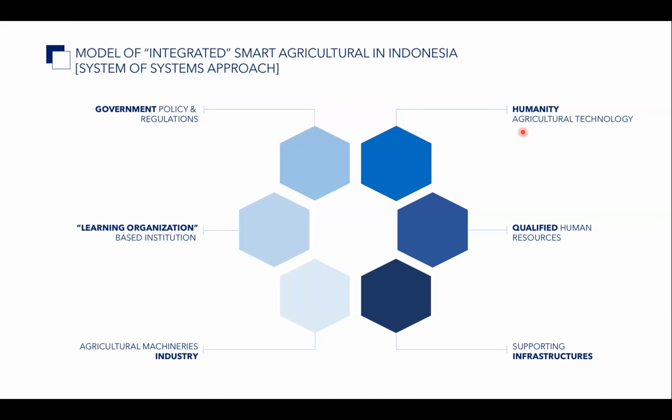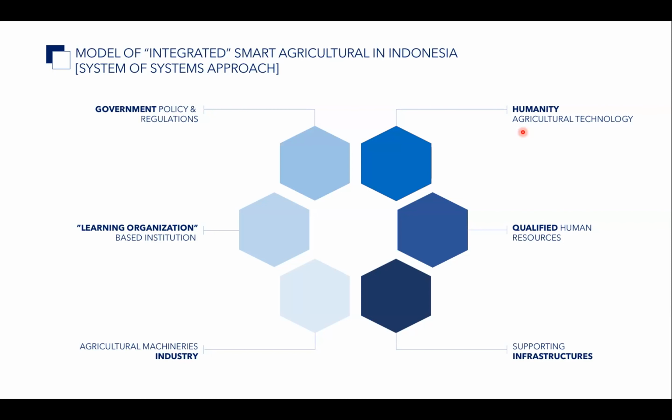The second is qualified human resources, of course farmers, and other stakeholders supporting infrastructure, industry, institutions, farmer institutions. We focus on learning organization based institutions, and of course we still need support from the government, government regulation or government policy.